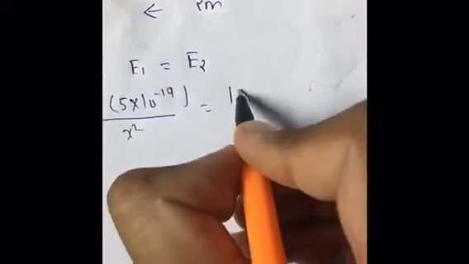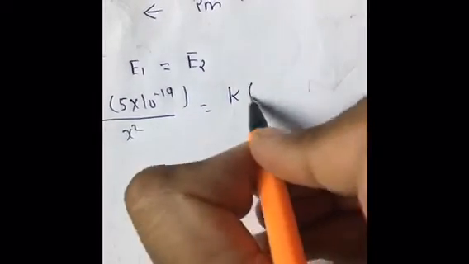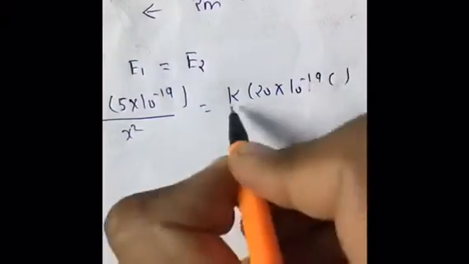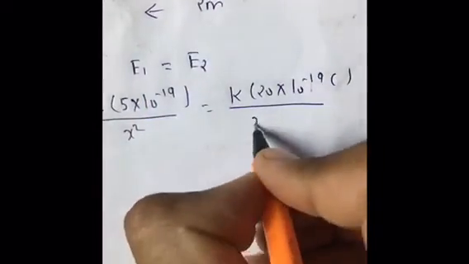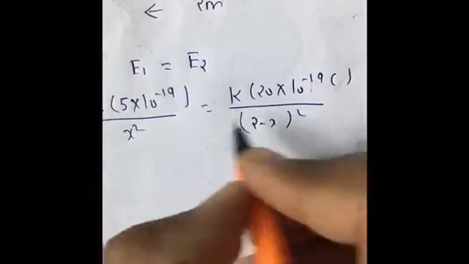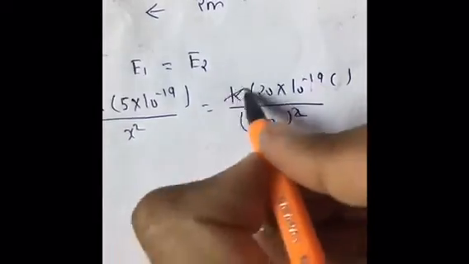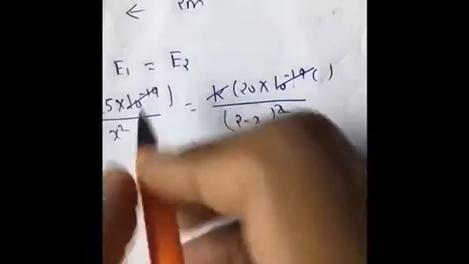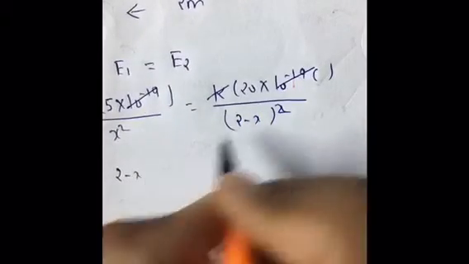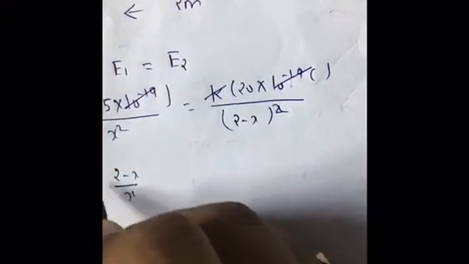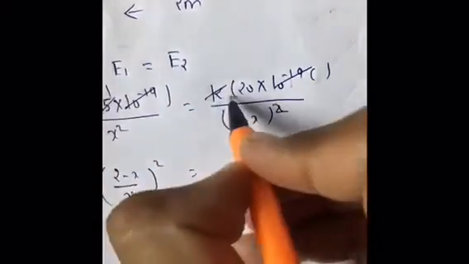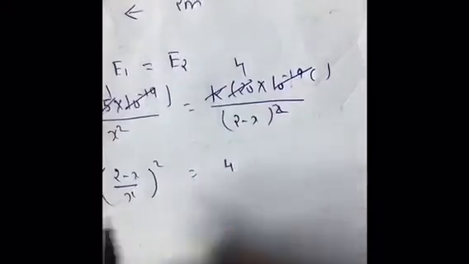The value of E2 is k times 20 into 10 to the power minus 19 coulomb, and the distance of point P from this charge is 2 minus x, so (2 minus x) whole square. The k gets cancelled, and 10 to the power minus 19 also gets cancelled. If we transpose it, (2 minus x) upon x whole square should be equal to 20 by 5, which is 4.